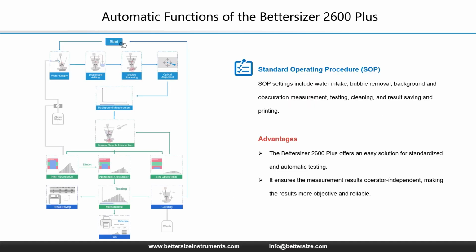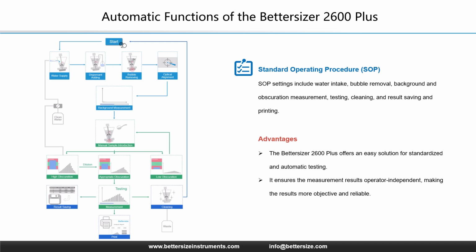This flowchart represents the complete removal of human variability. Once you press Start, the SOP takes physical control, executing a sequential chain from auto-alignment to background measurement without operator intervention. Crucially, observe the intelligence at the sample introduction phase. The system actively monitors the obscuration, signal blocking.